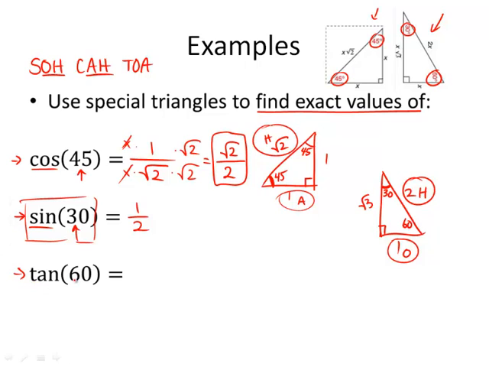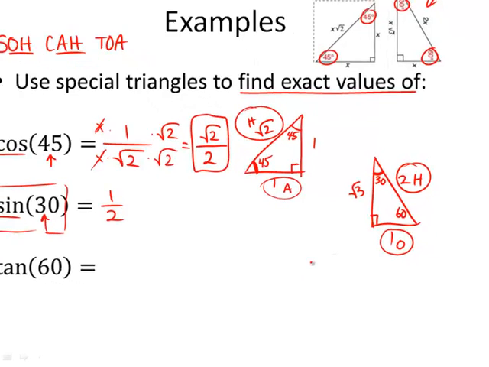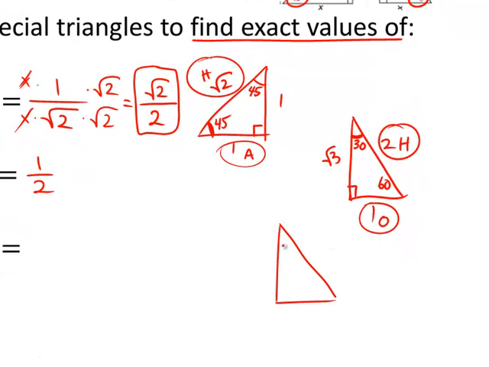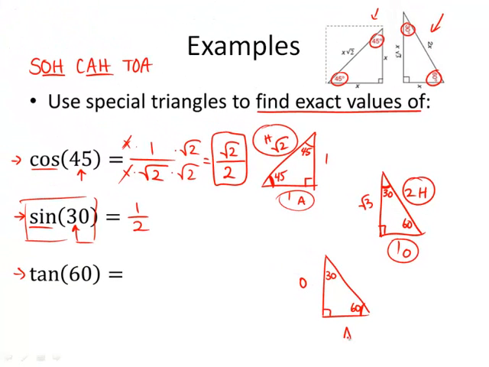Next, let's look at tan of 60. So now we're looking at this 30, 60, 90 triangle, but considering the 60 as the reference. So your labeling changes. You have your opposite, adjacent, and hypotenuse like this this time. But the ratios remain the same, root 3 to 2 to 1.